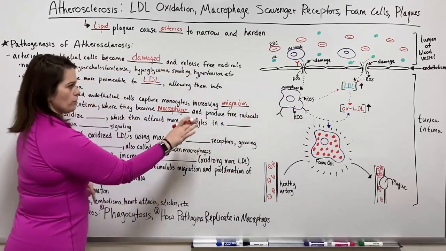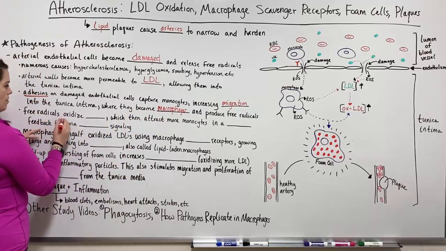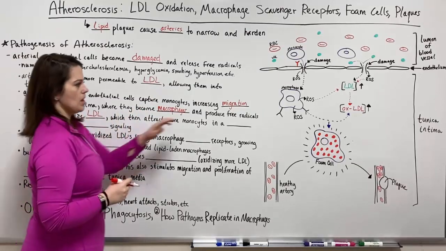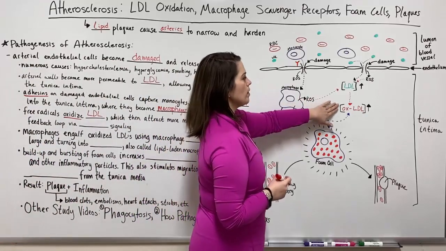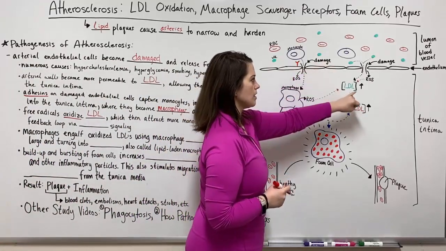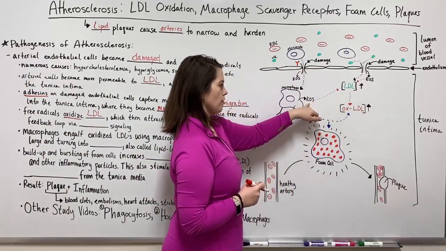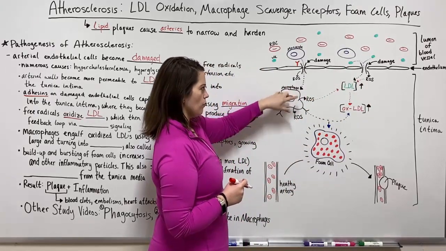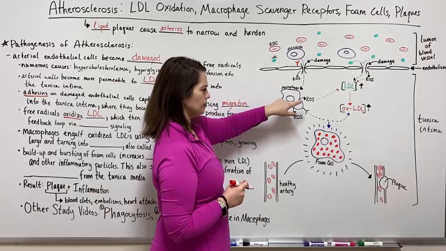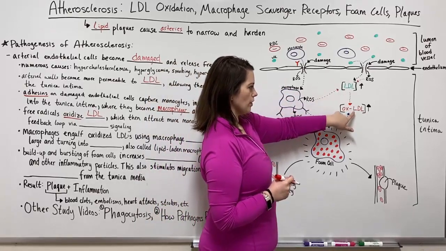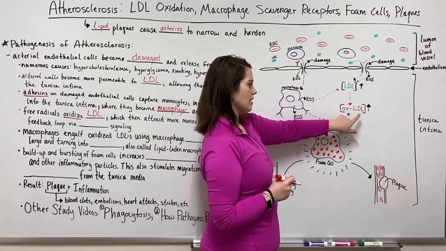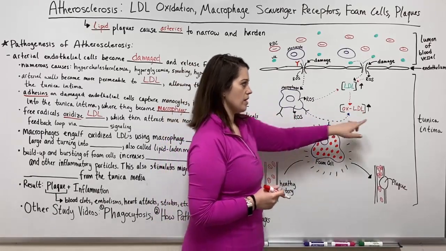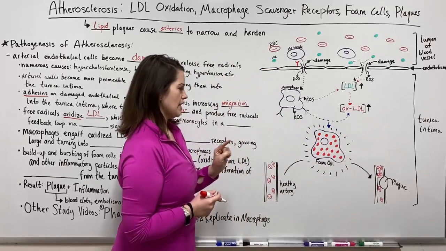Now, these free radicals that are being produced will oxidize LDL. When the LDL is oxidized by these free radicals coming either from the damaged endothelial cells or from the macrophages, I started drawing the oxidized LDL in red. So the concentration of oxidized LDL is also increasing in the tunica intima.